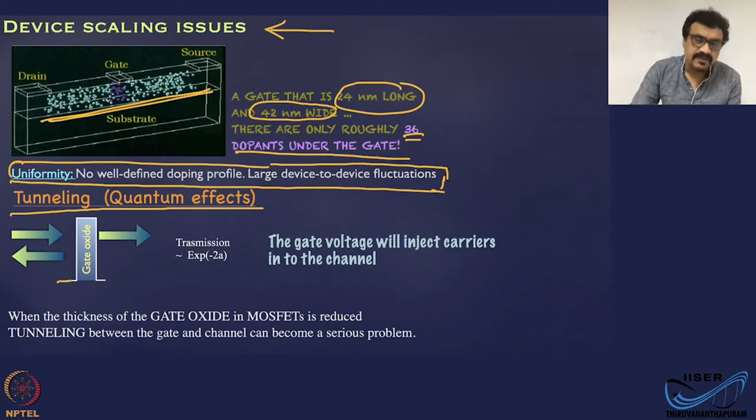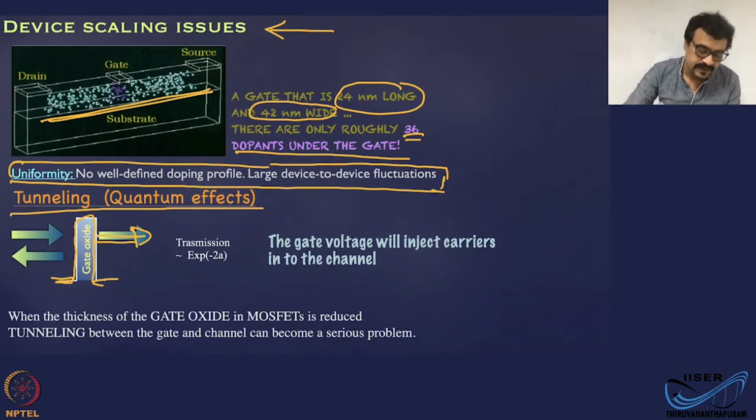And quantum mechanics has a very interesting phenomenon called tunneling. So even if you try to stop the electrons by creating a barrier, you have a non-zero probability of the electron tunneling through the barrier or traversing the barrier.